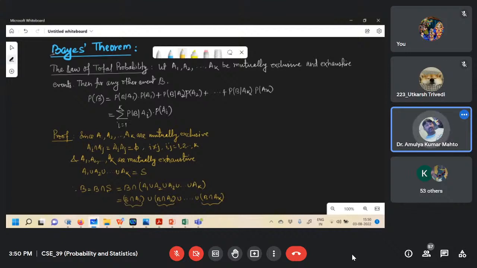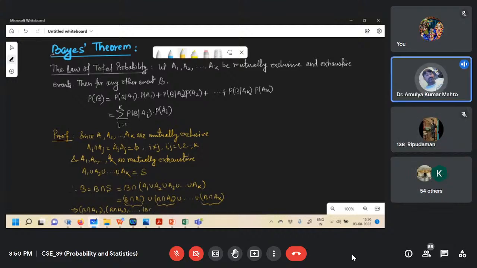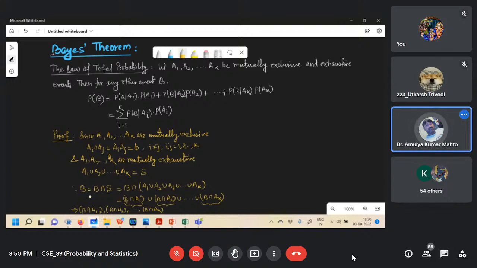This implies that B intersection A1, B intersection A2, up to B intersection AK are all again mutually exclusive.